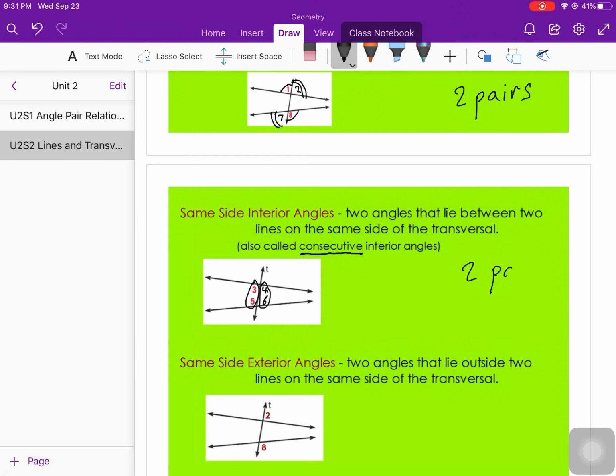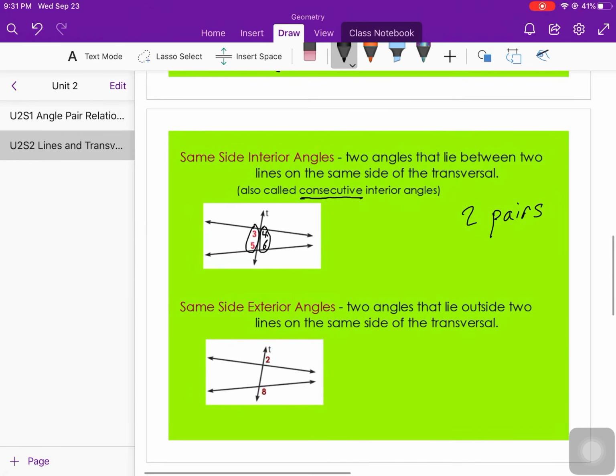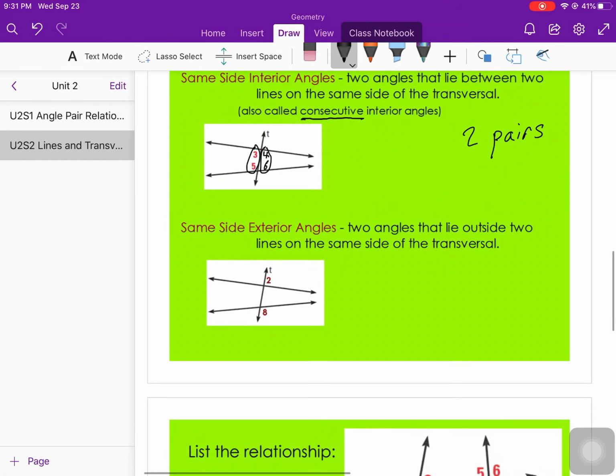So there's 2 pairs of these whenever we're talking about one transversal connecting to 2 lines. And then same side exterior is another set of 2 pairs. Same side meaning same side of the transversal, exterior meaning outside. So these are outside of our lines M and N, and then 1 and 7 would be another pair.